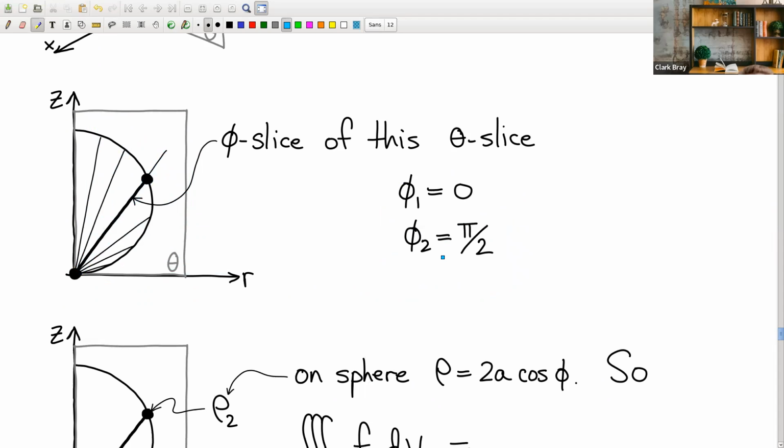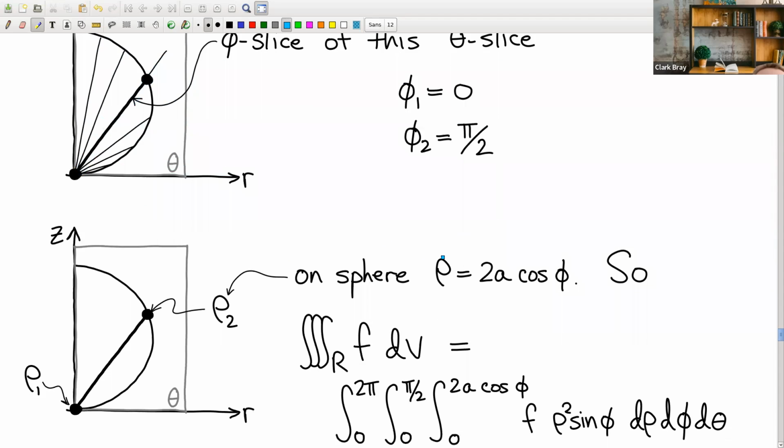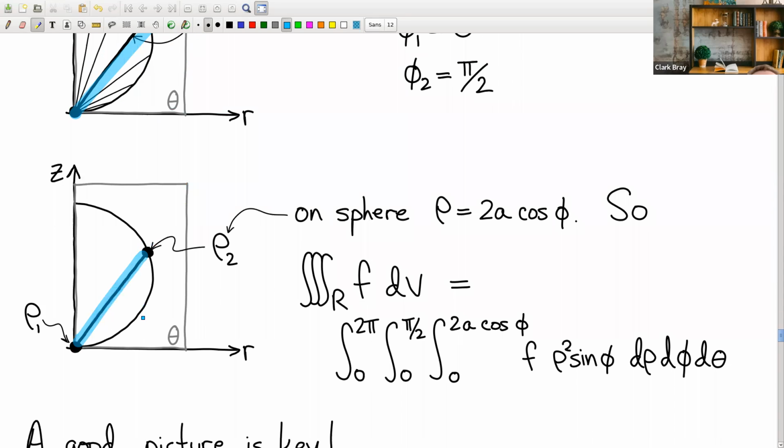Okay, now then finally, fixing a value of phi. Right, here's our phi slice. Let's talk about rho then. Rho starts there. That's clearly 0 because it's the origin where rho is obviously 0. No problem there.